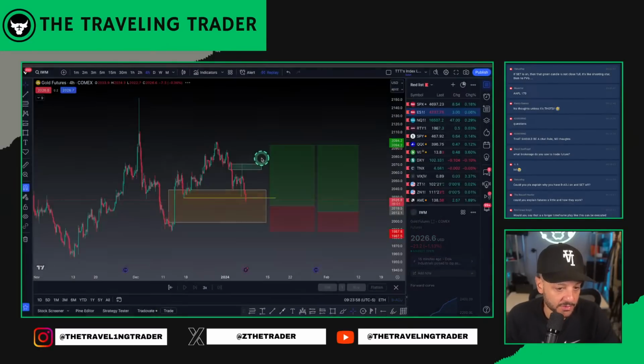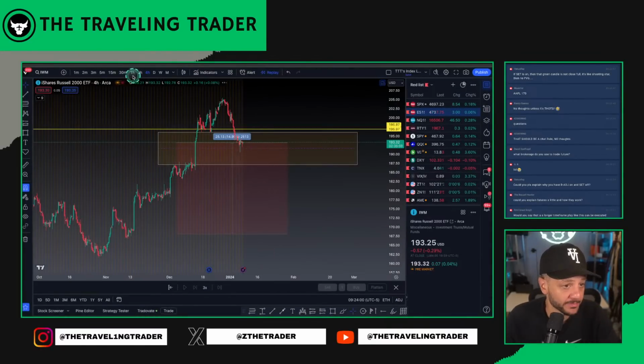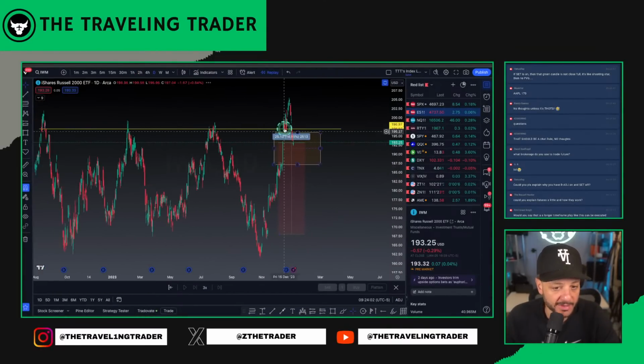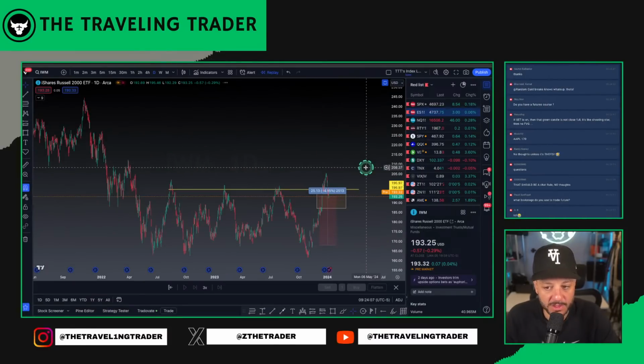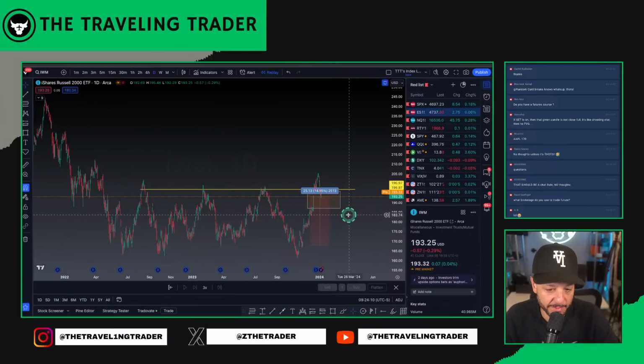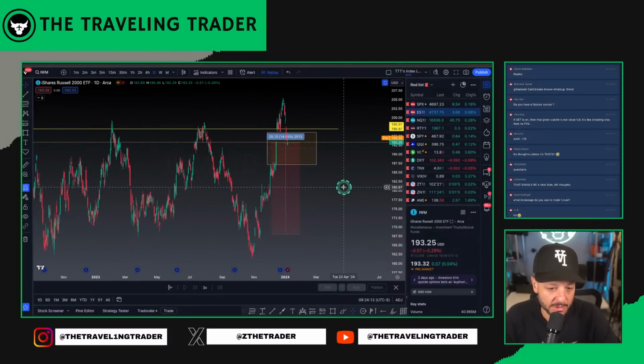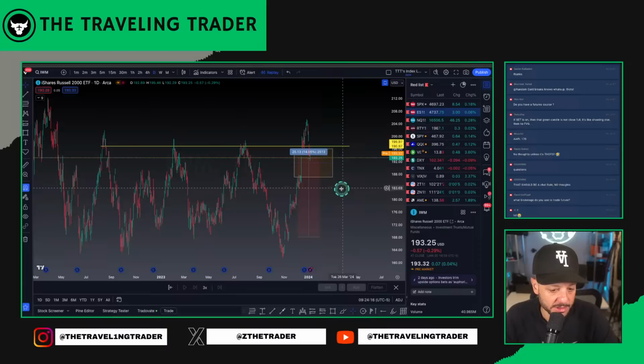But I do think that small caps look like, after this retracement, might be due for another run for sure, until we get bearish market structure. Right now, it's super bullish, and we caught very near the bottom.